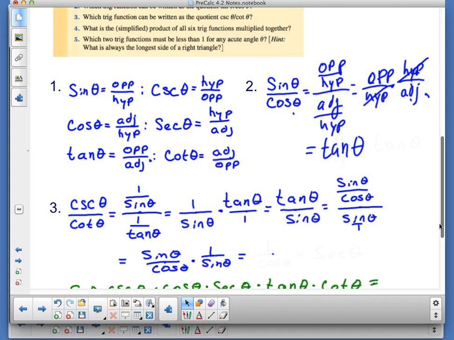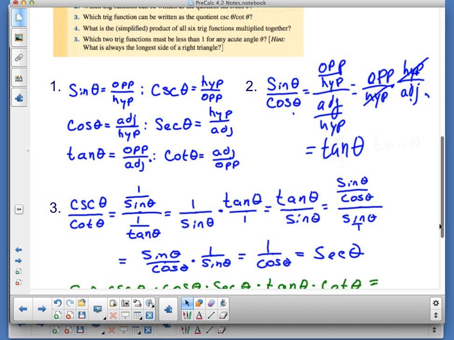So this is 1 over cosine theta, but I learned that 1 over cosine theta above was what? What's the reciprocal of cosine? Secant. Okay, so this should be secant when I'm done. I know I stepped through it, but I wanted to make sure everything was shown, how I was able to go from part 1 to part 2.